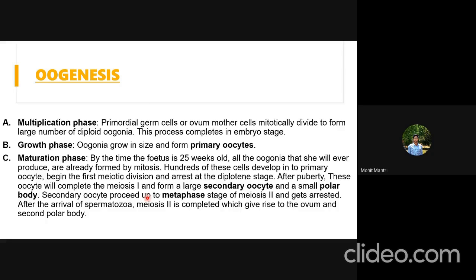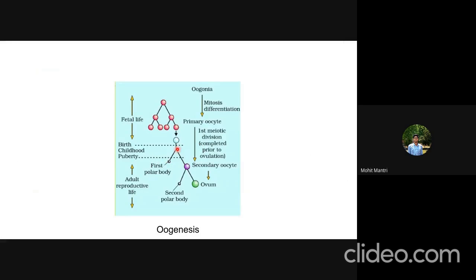Because of meiosis 1, each primary oocyte will form a large secondary oocyte which contains almost all of the cytoplasm, and a small polar body which will contain only half of the chromatin material and a membrane. So this unequal division occurs after puberty.